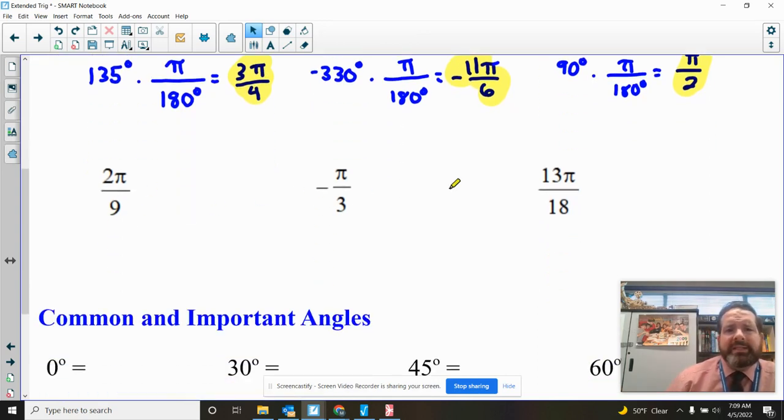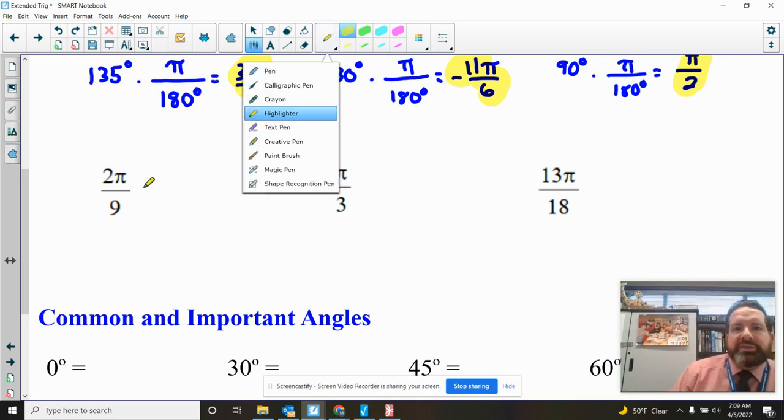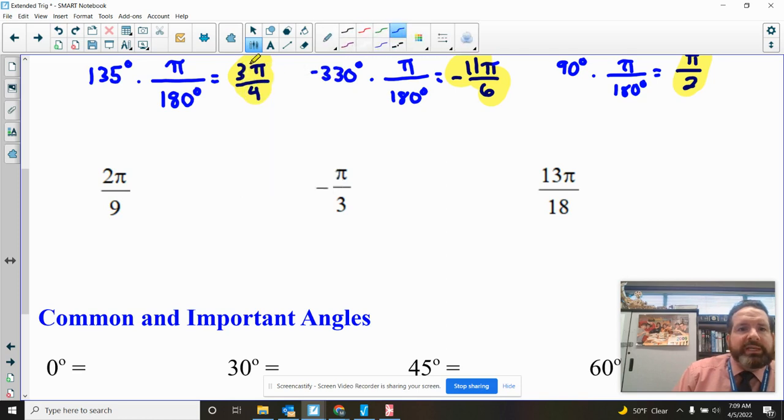Let's take a look now at this. So these are in radian, and I know that because there's no degree symbol, and because the pi symbol shows up. Now radian, you actually don't write RAD on the end or anything. Radians are technically unitless. But we start with radian. We're going to switch to degrees. And the conversion just gets flipped upside down.